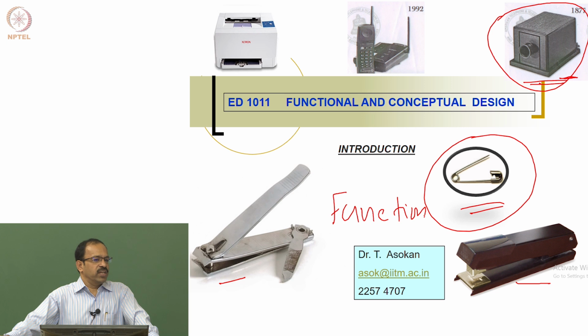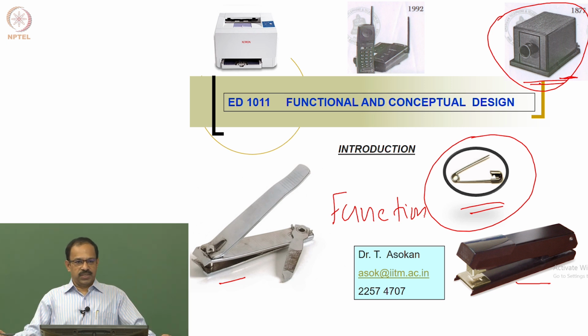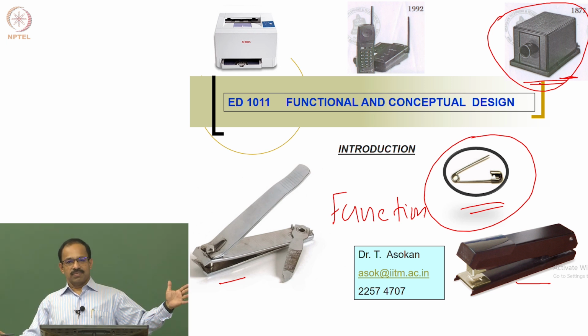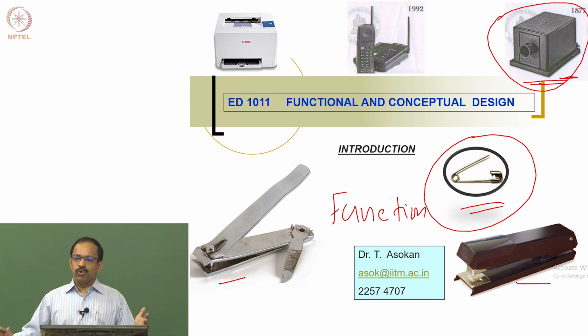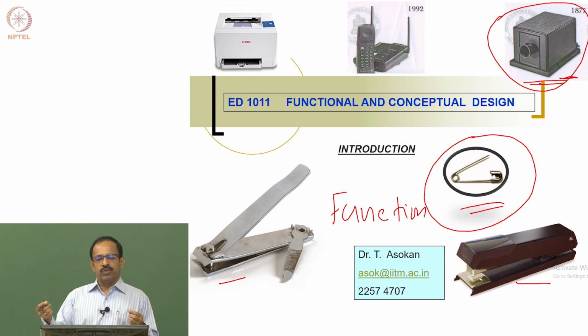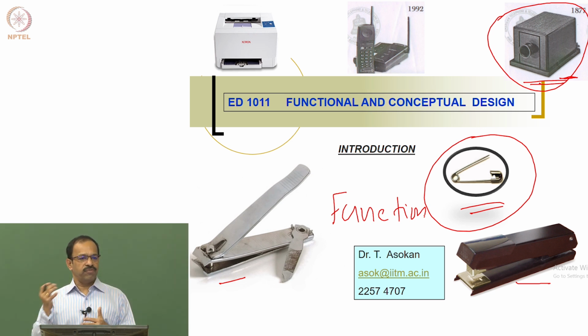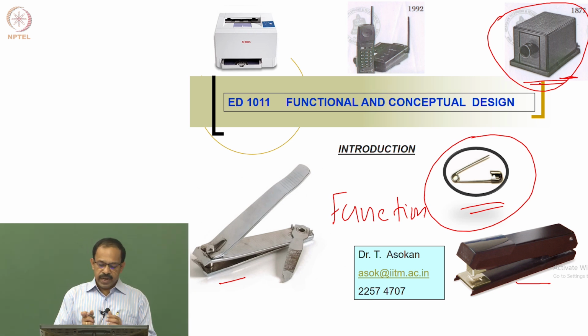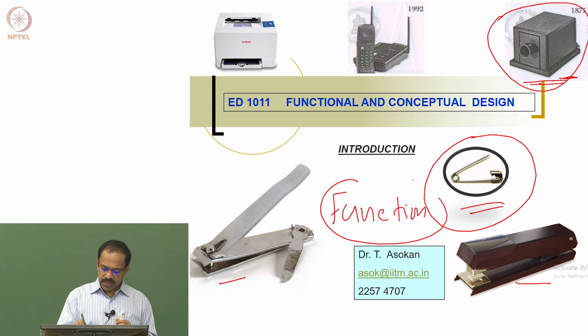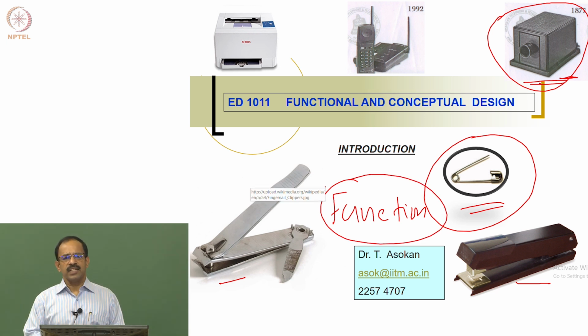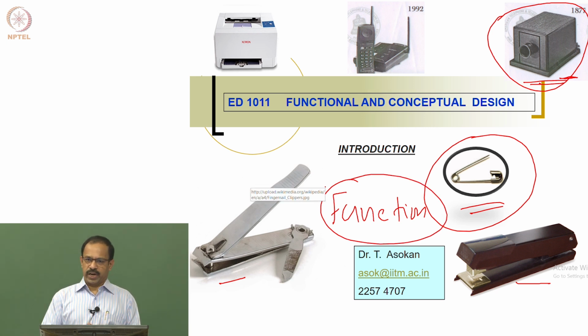If you take the printer, the current printer and the printer 50 years ago, it's doing the same thing. Maybe you added a few things, but basically it provides the same kind of output. That means its function remained the same. There was no change in the function of the product.